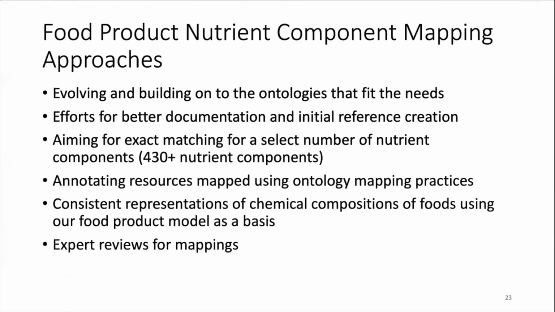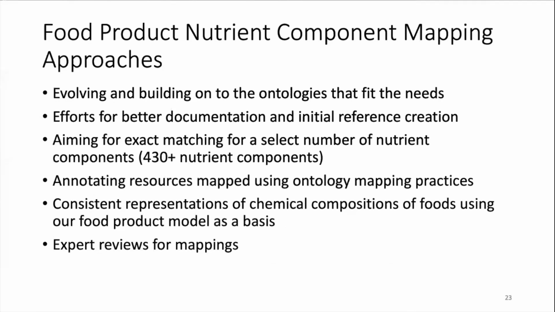What we have been using as our approach to remedy some of these challenges is evolving and building onto the ontologies that fit the needs. We are really putting our efforts into better documentation and initial reference creation as we create our data.